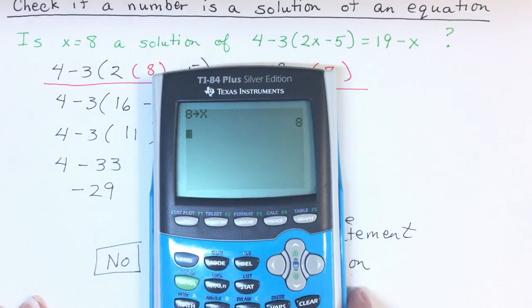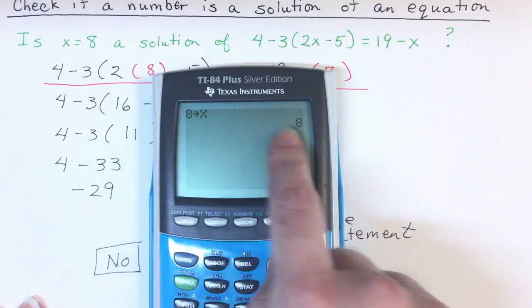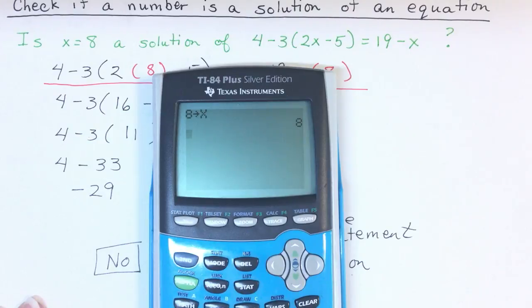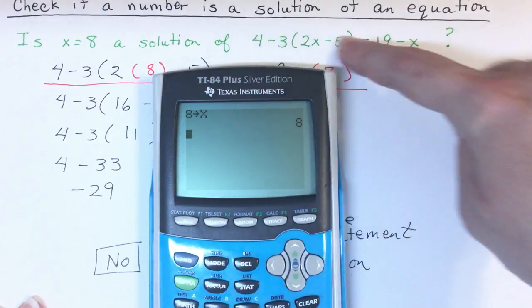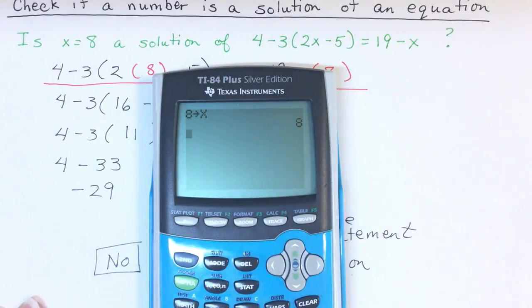So now in the calculator, anytime I use that variable key, the calculator will substitute in that value of 8. So my equation that I'm checking is 4 minus 3 times 2x, and I can just use my variable key, minus 5, close parentheses. That's my left-hand side.